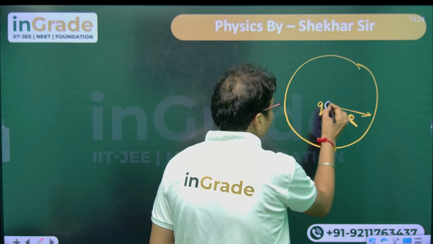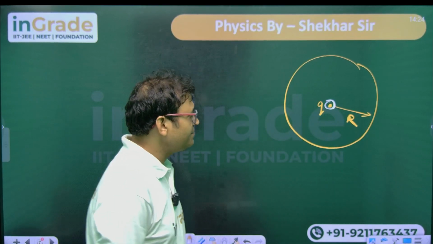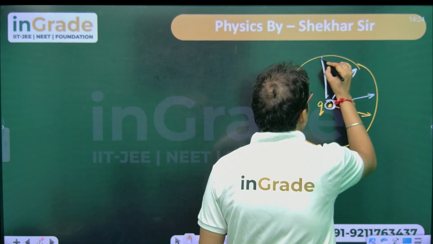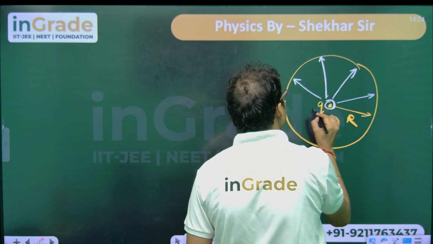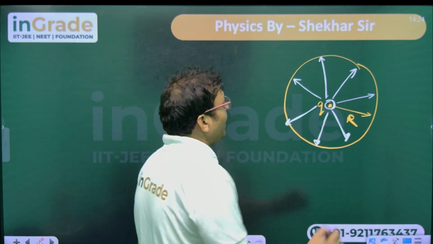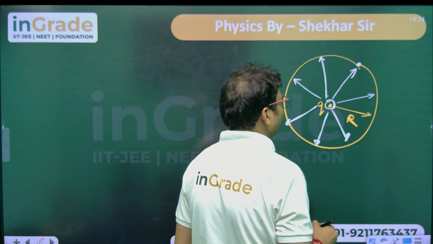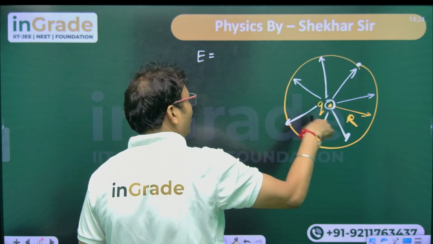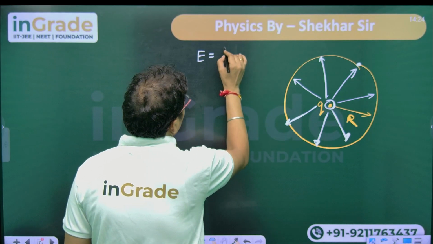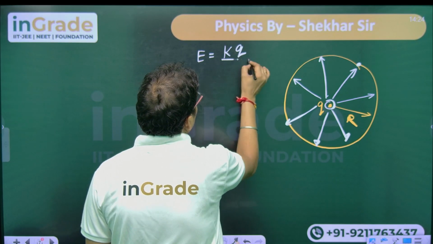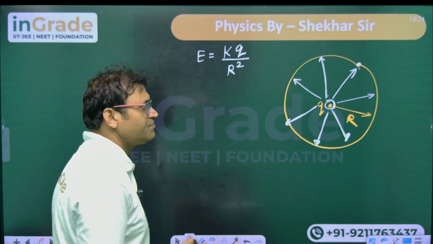Look, when this charge is kept at the center, it will generate an electric field which is radially outward like this. And the value of the electric field on the surface of the sphere will be equal to KQ upon R square, isn't it?